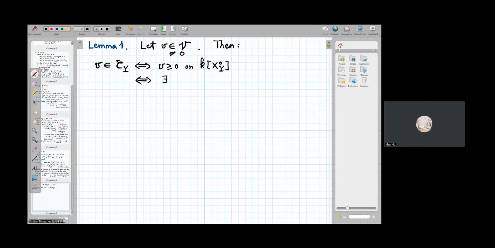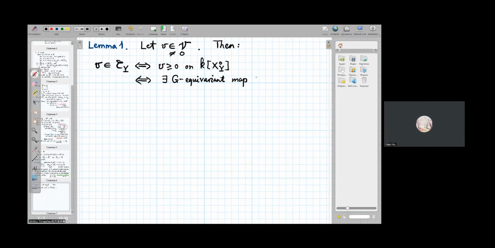there exists a G-equivariant morphism, a G-equivariant map. Oh, well, Professor. Yeah, just let me finish the formulation of the lemma and then I will reply, okay?